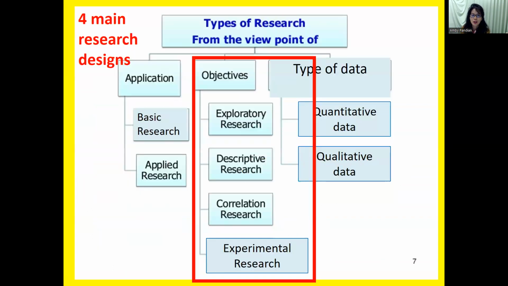So we come to main research designs. I'm talking about the 4 in the middle that I will introduce to you. Exploratory research, descriptive research, correlation research, and experimental research. What are they? Okay. On the left-hand side, you see the application.